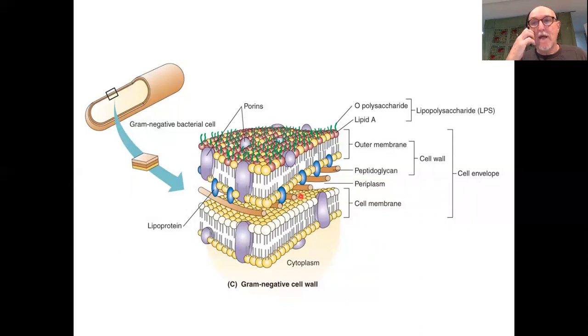They can survive in environments where nutrient is very rare, where other bacteria can't, because they can concentrate the nutrient against a concentration gradient, and they can concentrate it here in the periplasm for use by the cell. So many of our really dangerous pathogens are gram-negative, but equally many are gram-positive.